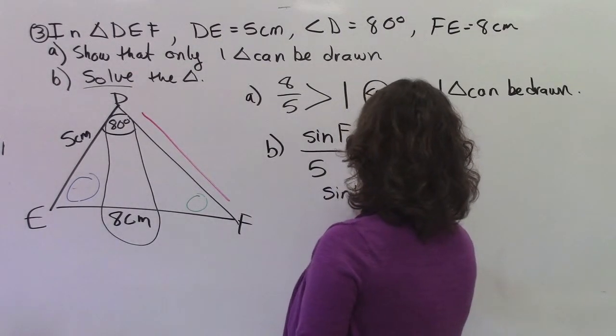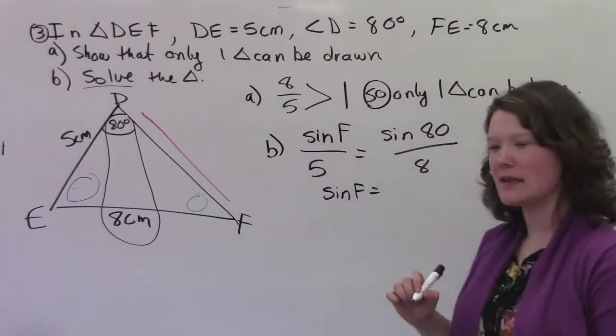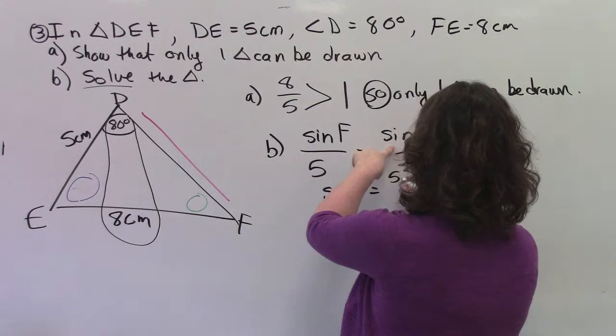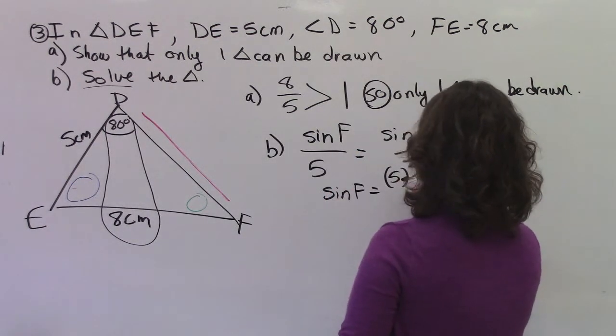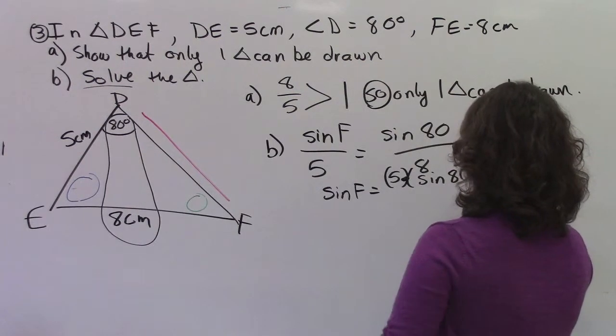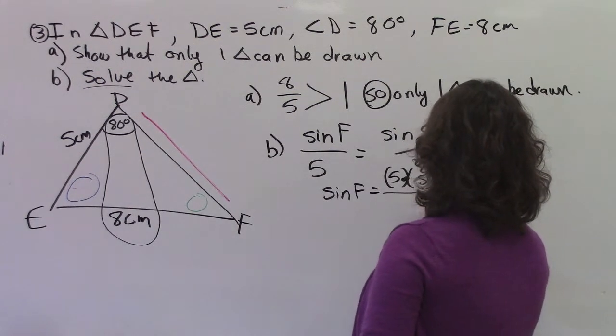Sine F, I'm going to go a few paces ahead, is 5 times, or I'll just put brackets around it, sine of 80 divided by 8.